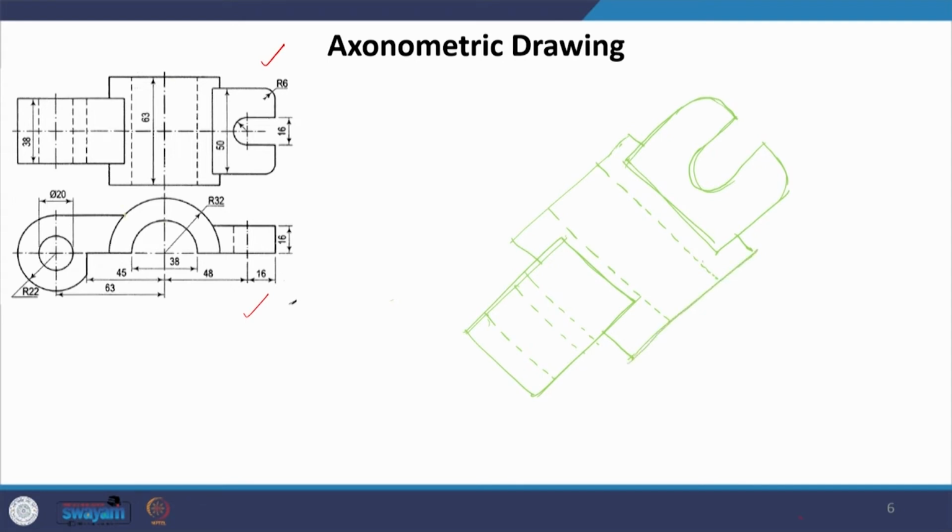So, we have to draw a semicircle here, which is what we can see. And we also have another semicircle coming parallel to this, which is here.